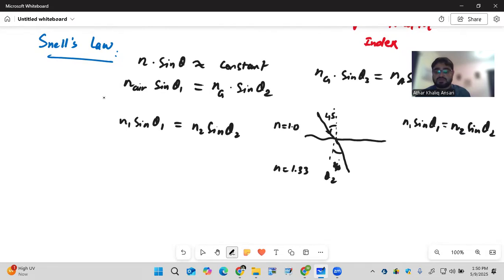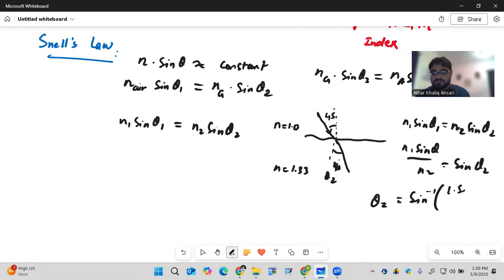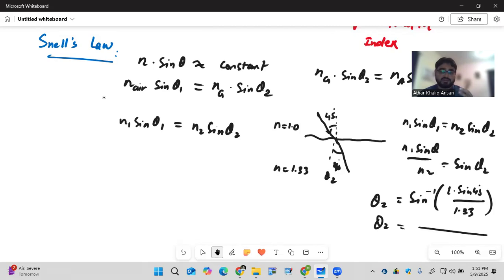This way you can find sine theta 2 equal to n1 sine theta 1 over n2, or simply theta 2 equals sine inverse of n1, the refractive index 1, times sine 45 divided by the refractive index of the water, 1.33. You can use the calculator and get the value. So this is how we can work with refractive index.